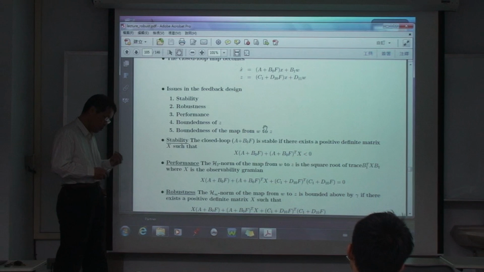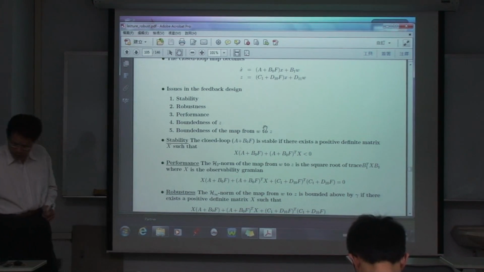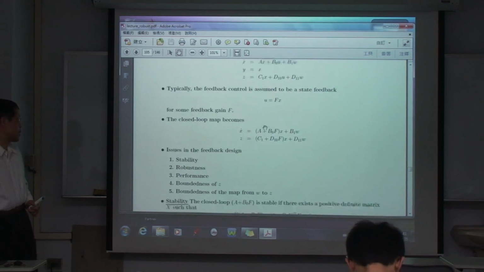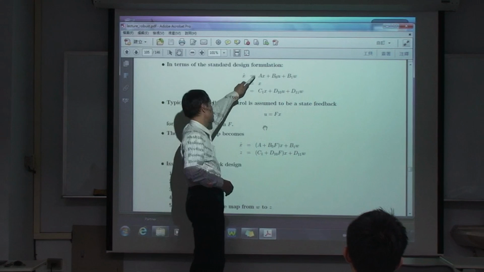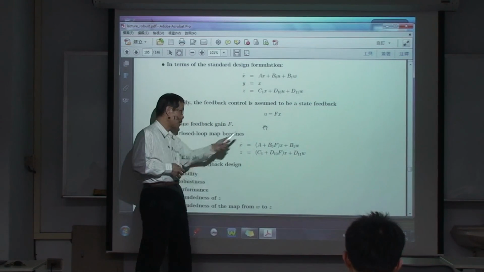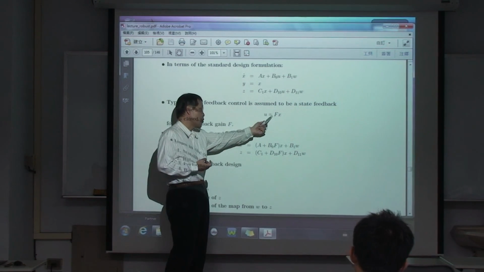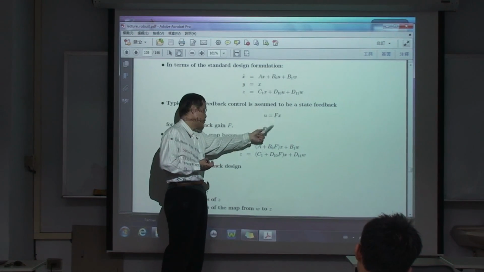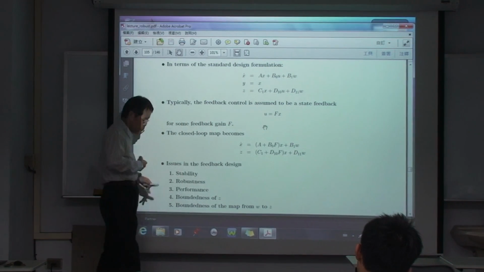Now suppose you are thinking about the design. Suppose you are the designer. As a designer, you are given this A, B, C, D. And you are supposed to find this F, because that's a static feedback. You hope that you can find a particular F so that the closed loop map enjoys certain properties.